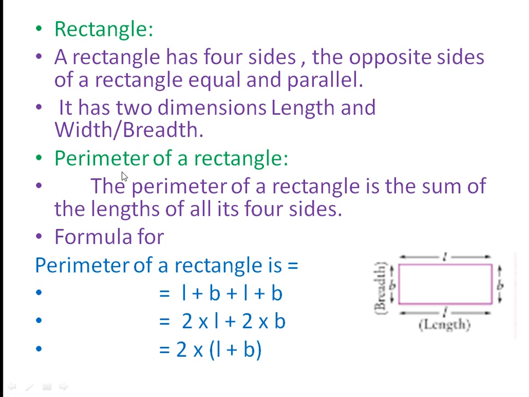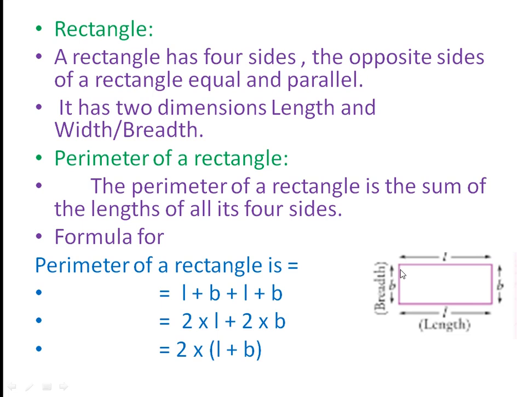Now, let me learn the perimeter of the rectangle. What is the meaning of the perimeter of the rectangle? The perimeter of a rectangle is the sum of the lengths of all its four sides. See this picture.